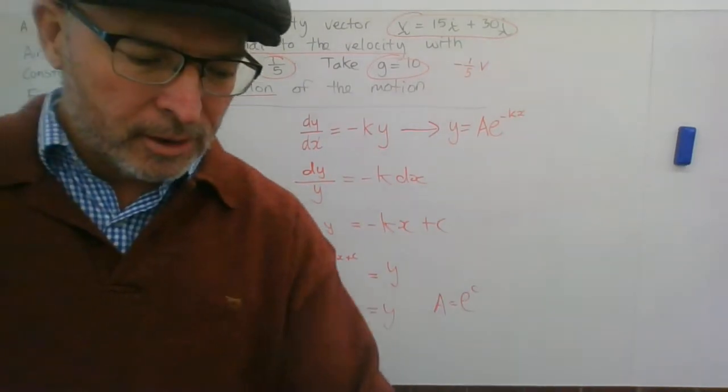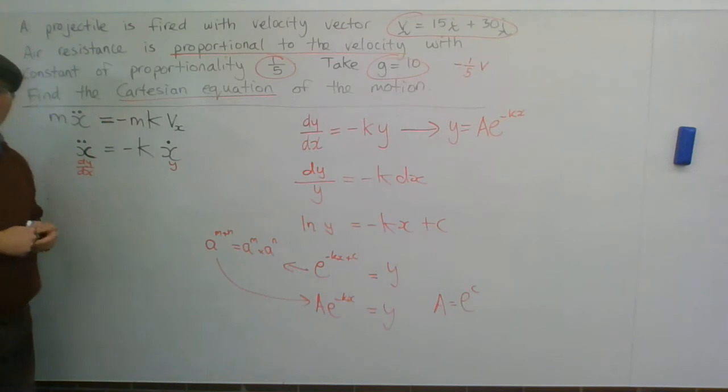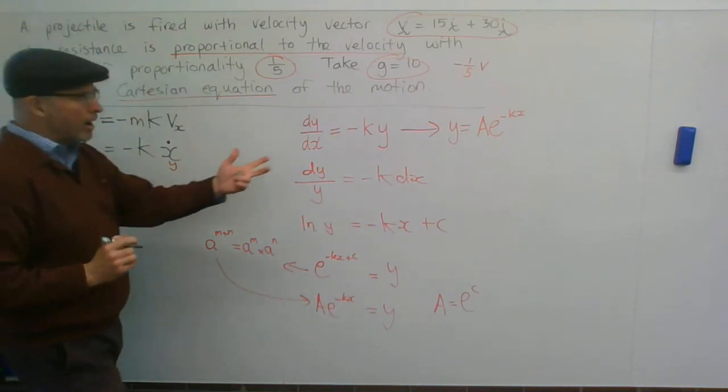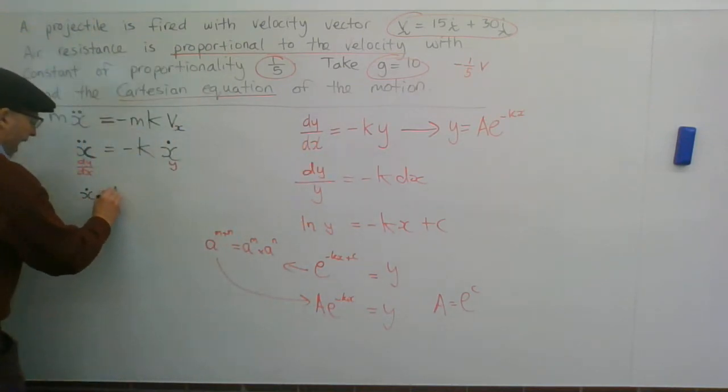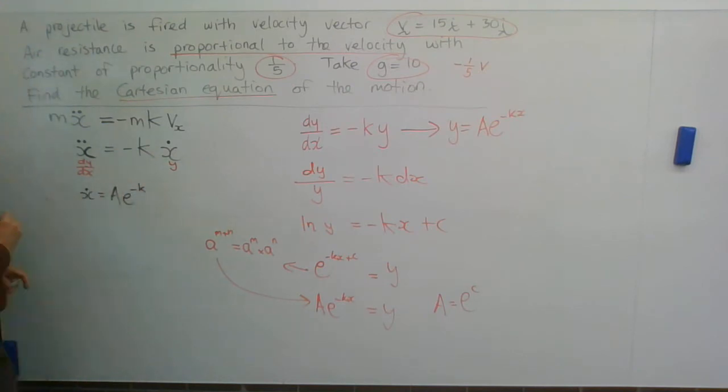So we could, without having to do a whole bunch of differential integrating, go straight to the fact that our x dot, because that's equivalent to our y here, is equal to a e to the minus k, and it's times by t.